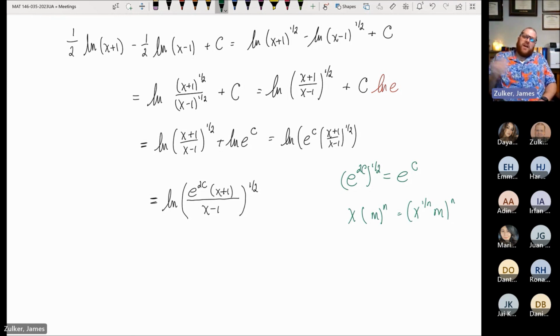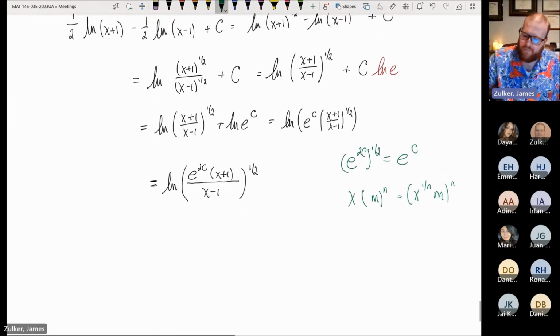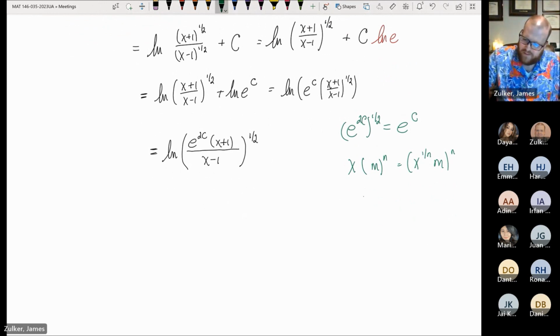It's kind of like the opposite of, for instance, if you had square root of 8, that would simplify to 2 root 2, because it's square root of 4 times 2, which is root 4 times root 2. But you can also go in reverse. That's what this here is. It's just working in reverse. Again, not necessary.